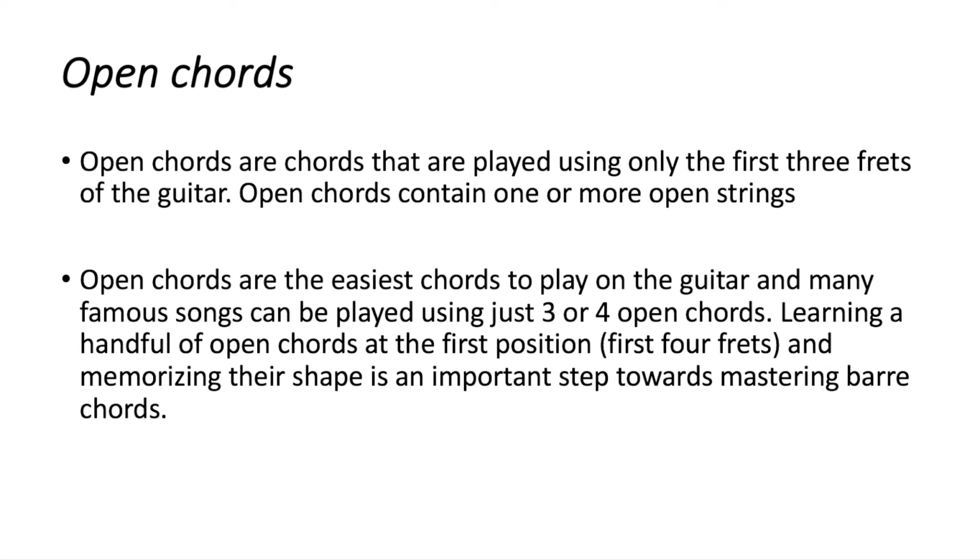Open chords are chords that are usually played in the first 3 frets of the guitar, and usually involve open strings, which is why we call them open chords. These are the easiest to play on the guitar, and you can do a lot with them. This is where you have to get started, and once we learn open chords, we can get into bar chords and all that.